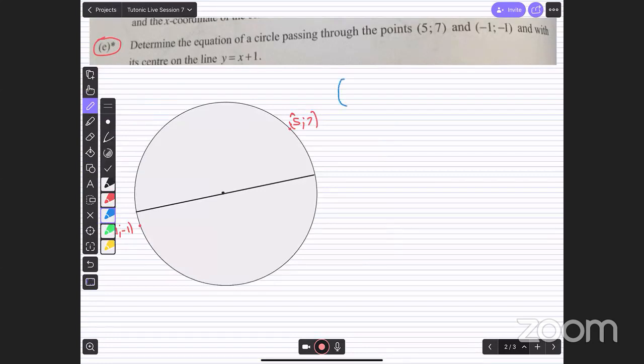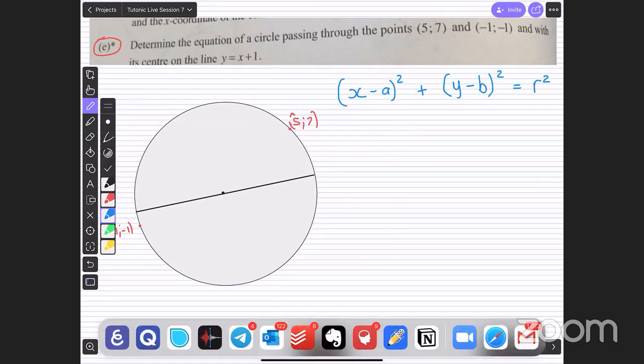I can't remember. Sorry, 1 second. If I said you must memorize the formulas: x minus a squared plus y minus b squared is equal to r squared. Great. And what is a and b? The center coordinates.